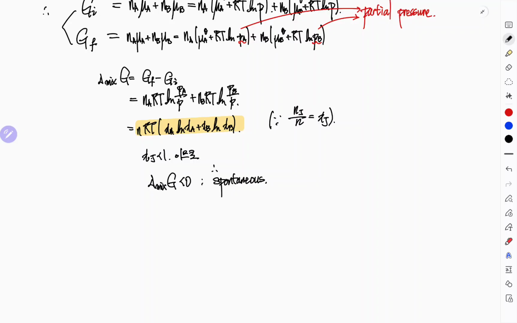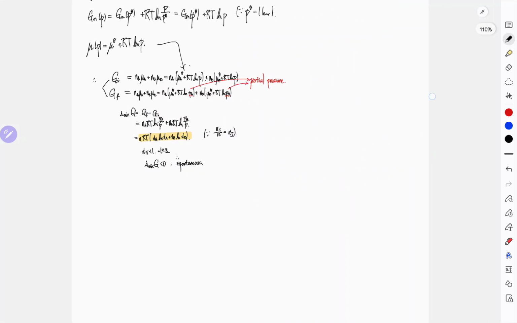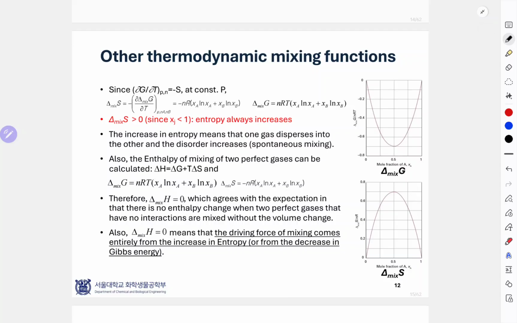And there are some other thermodynamic mixing functions, for example, entropy and enthalpy. Let's also derive the entropy and the enthalpy for the mixing process.